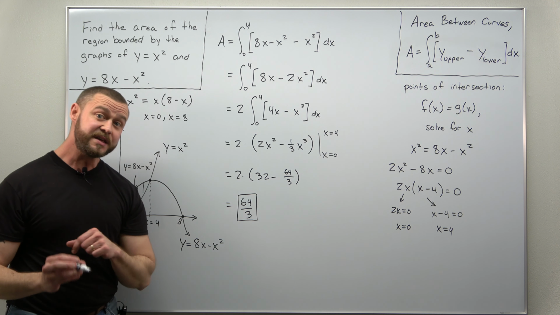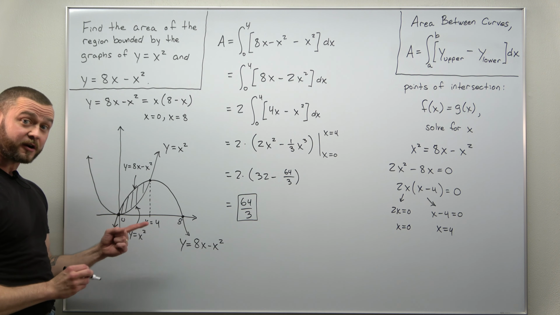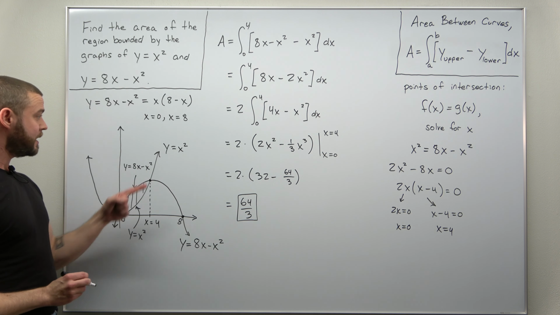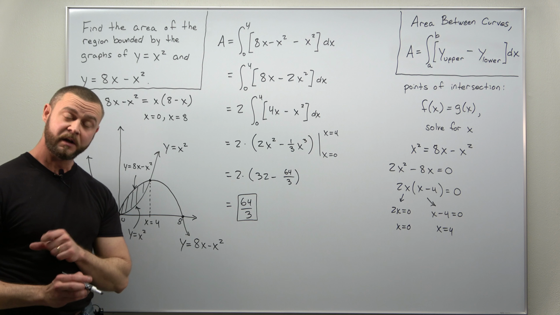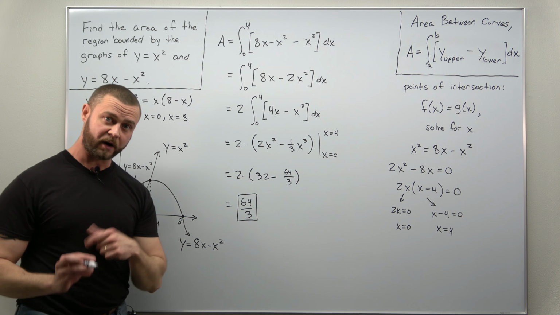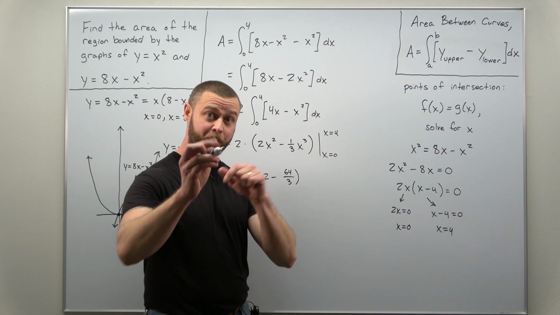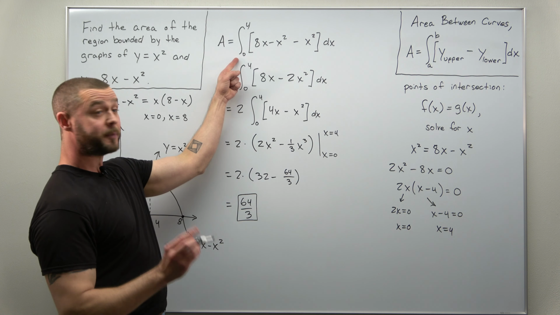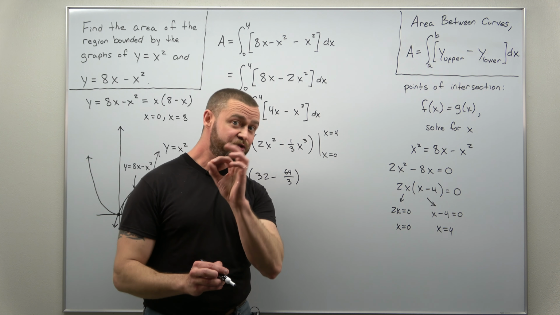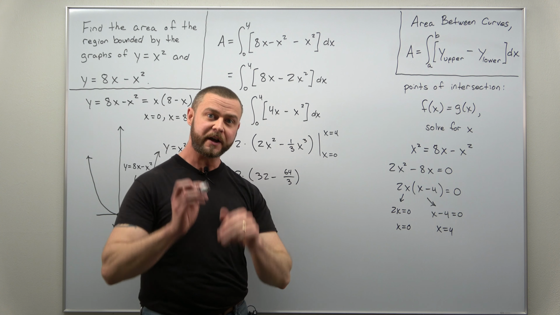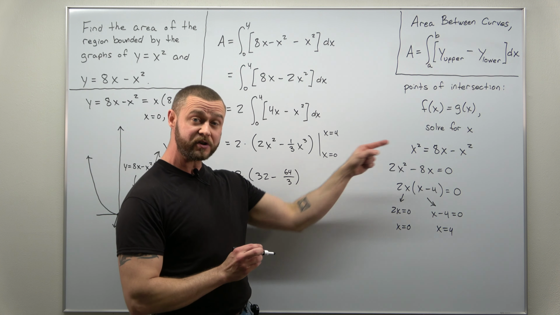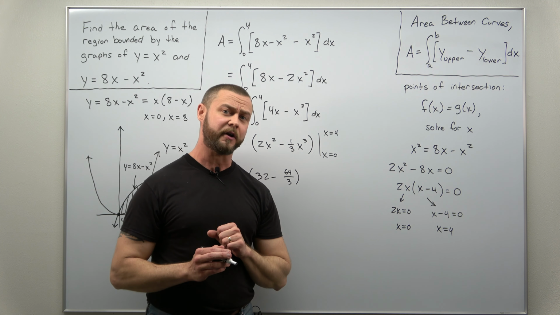And again, that is the area of the region here, bounded or enclosed by those two curves. Again, this one was a little bit more work since we had to first find the points of intersection to set up the integral, but that's usually not too difficult. Usually it comes down to some basic quadratic equations, which you can solve usually by factoring.